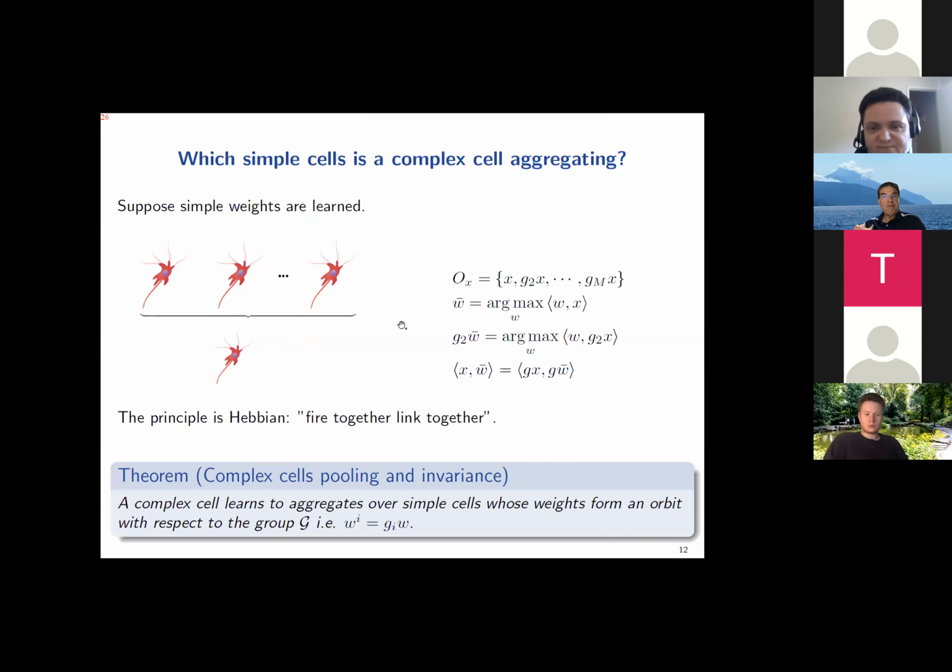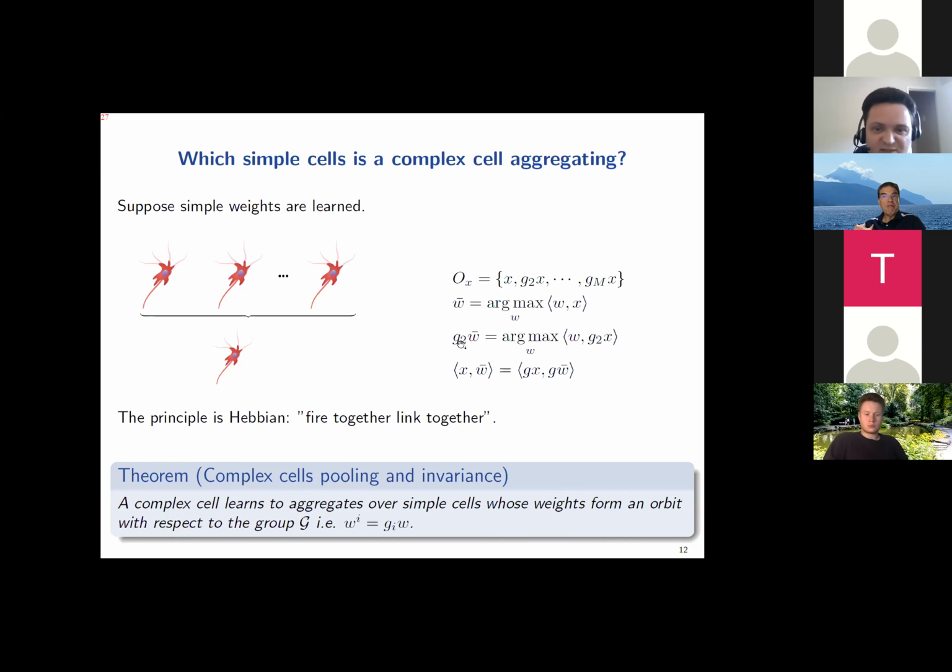So suppose that omega bar is the weights relative to the simple cell, suppose it's this guy here, that is firing most under the first stimulus in this orbit, so X, okay? Now, the question is, which will be the next simple cell that fires most under the second element of the stimulus, which is G2X.